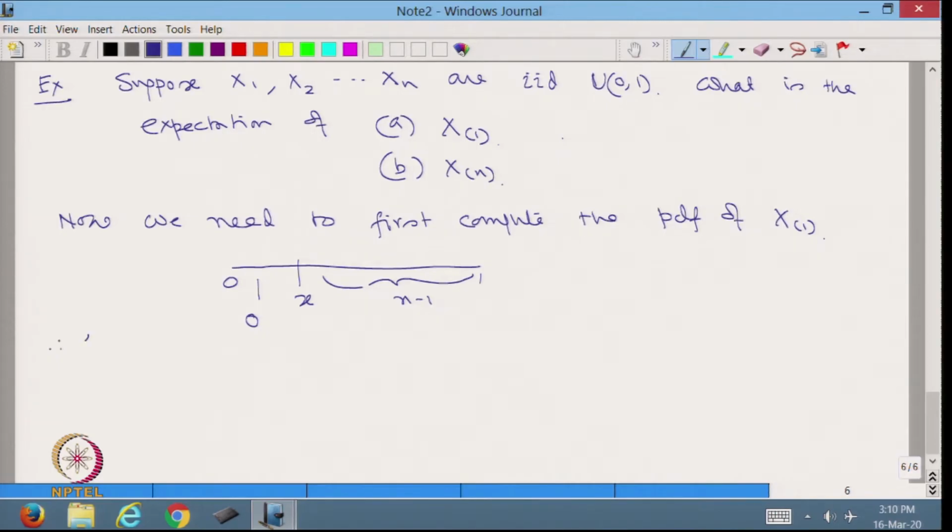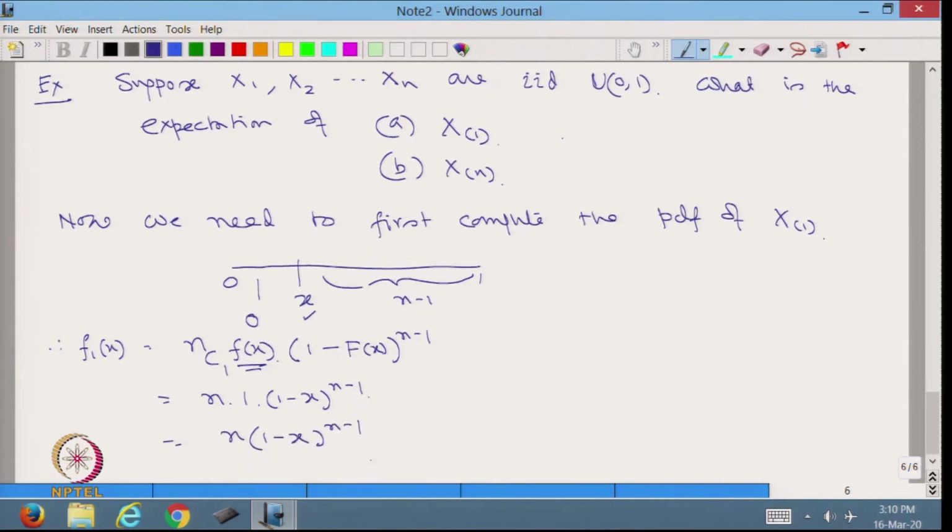Therefore f_1(x) = nC1 F(x) (1-F(x))^(n-1) is equal to n f(x), where F(x) is equal to 1 because it is Uniform(0,1), and 1-F(x) is equal to (1-x)^(n-1), so it is n(1-x)^(n-1).